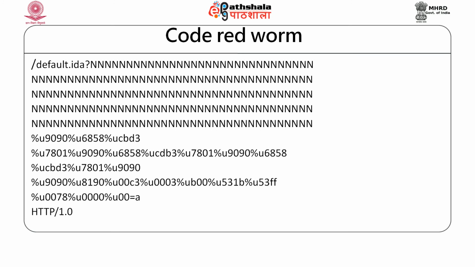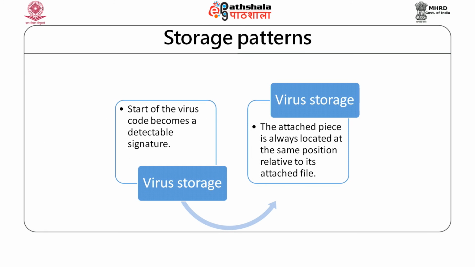As I mentioned earlier, every virus follows a specific pattern, and this is the pattern for the Code Red worm. So, if in your system's memory you see sentences or characters like this, you can immediately find out that this is nothing but the presence of the Code Red worm.